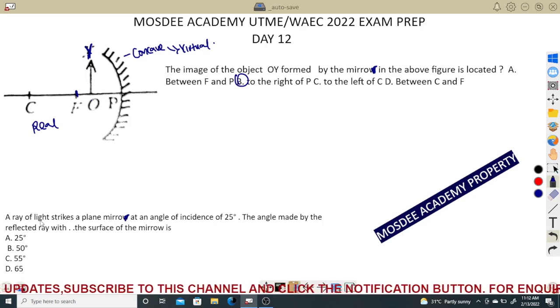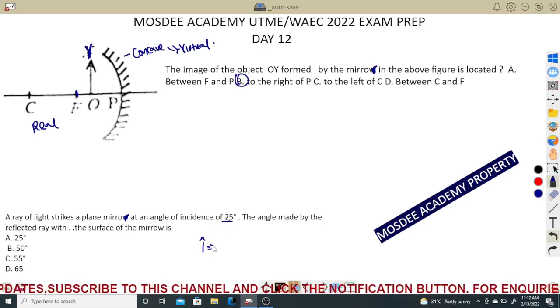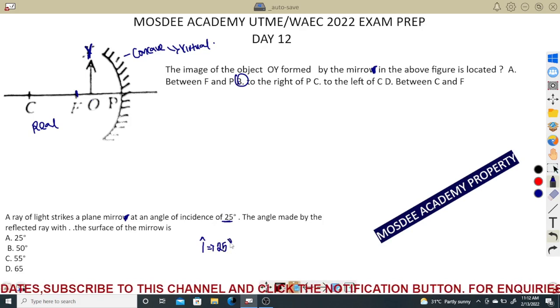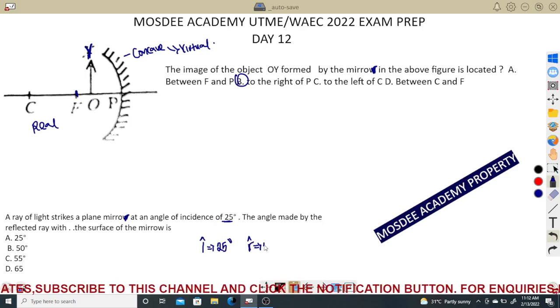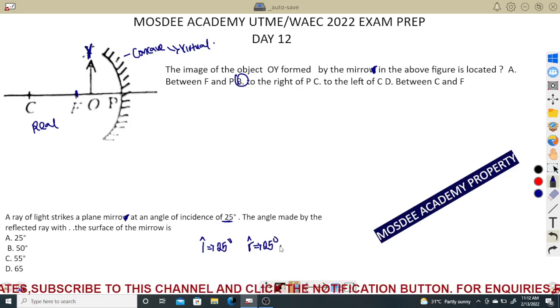Now, the next one is a ray of light striking a plane mirror at an angle of incidence of 25. Incident angle is 25 degrees, which will also be the reflected angle. Angle of incidence is equal to angle of reflection.